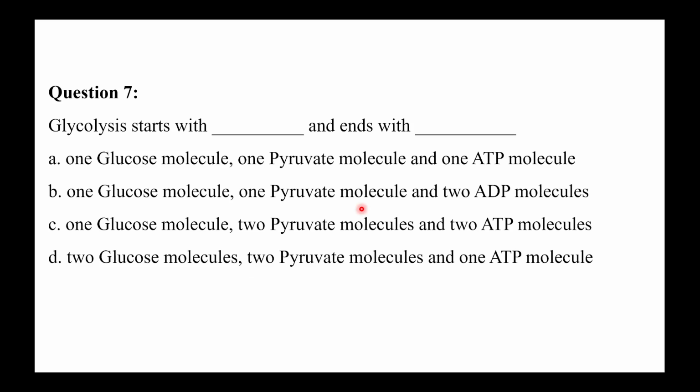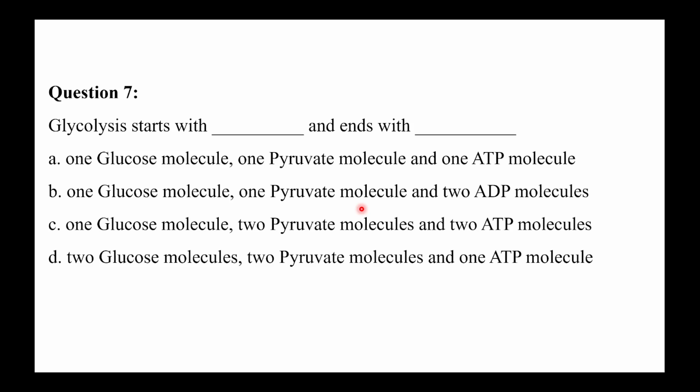Question number 7. Glycolysis starts with dash and ends with dash. I've shown you the glycolysis pathway in the previous question, so everyone should be able to answer this. Option A: glycolysis starts with one glucose molecule and ends with one pyruvate and one ATP.